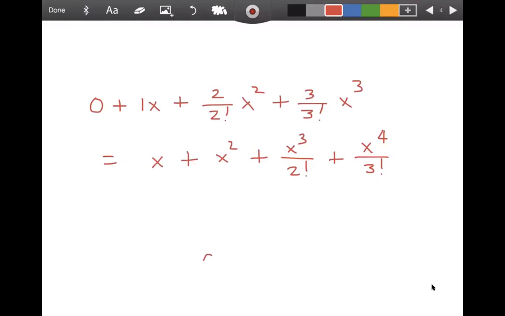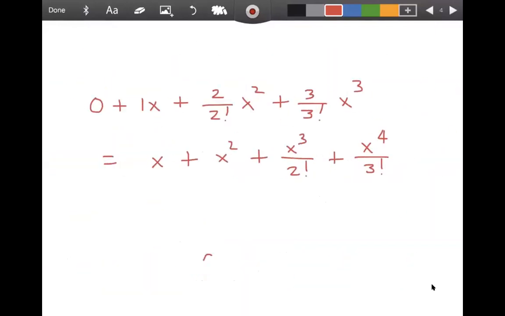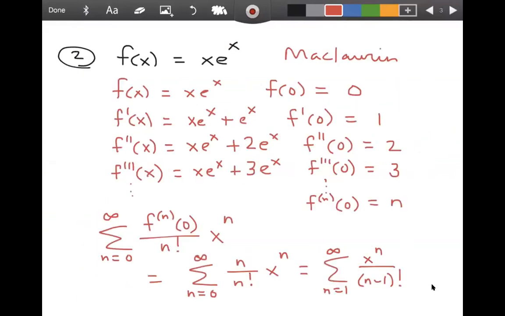Okay, so if I start this series at n equals 1, the first term is going to be x over 0 factorial, which is x. The second term will be x squared over 1 factorial, which is just x squared, and that will work. Okay, so this is my Maclaurin series for f of x equals x e to the x.